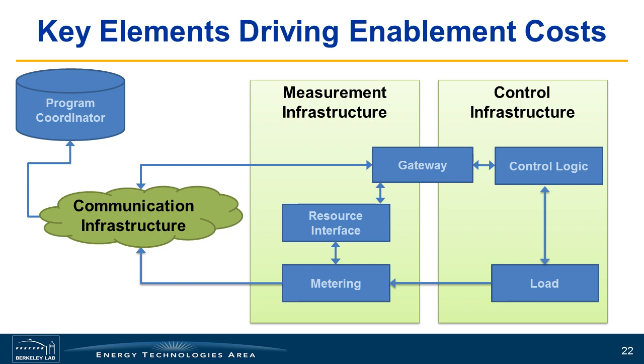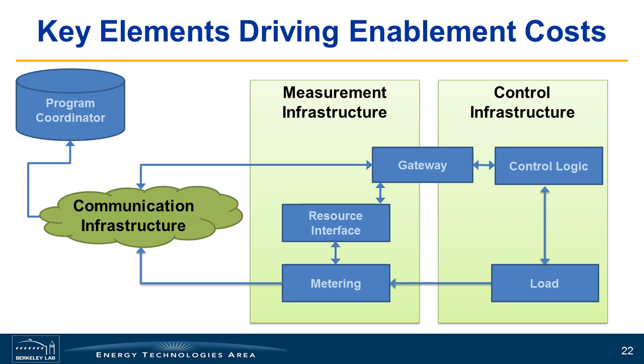What you can see here is a program coordinator can dispatch a signal, on the left-hand side, to a technology, to an end use, to a premise, and that goes over communication infrastructure. We'll dig into each of these in just a moment. That can be dispatched either to a gateway or to an end use at the load itself.